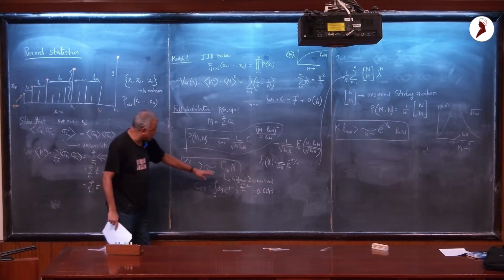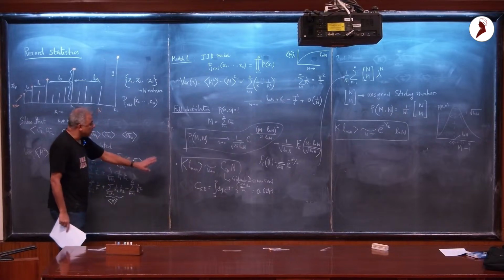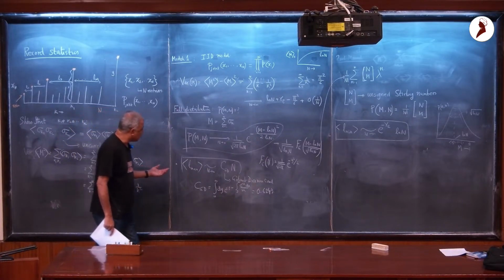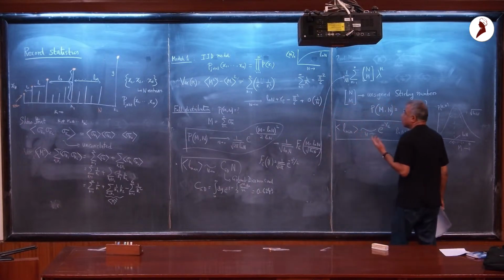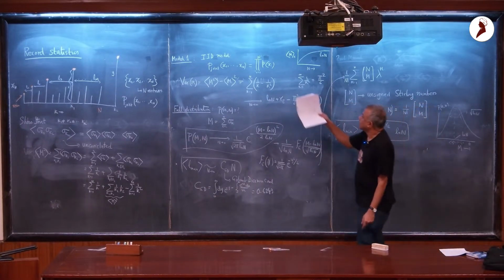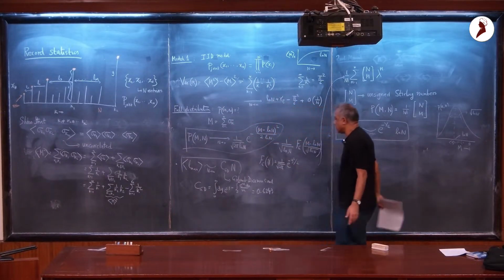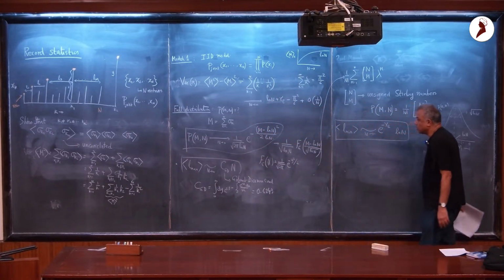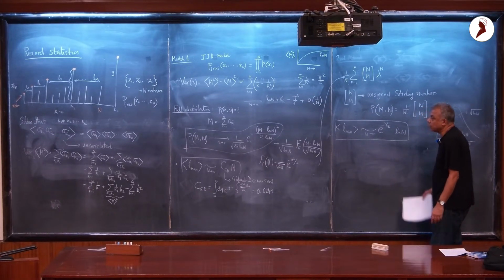For example, to derive this result is not completely trivial. I'm not showing you how to do that, but the point is that they are non-trivial, and moreover, they are all universal. You don't have to do it for exponential, Gaussian, uniform separately. They all have the same answer. Okay, so it's totally universal for any n, and this is the beauty of record statistics.